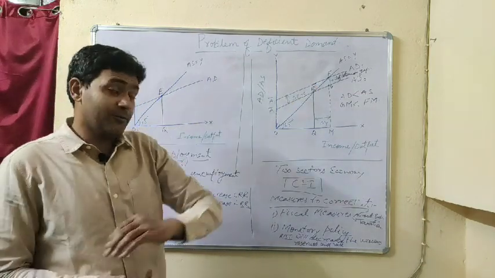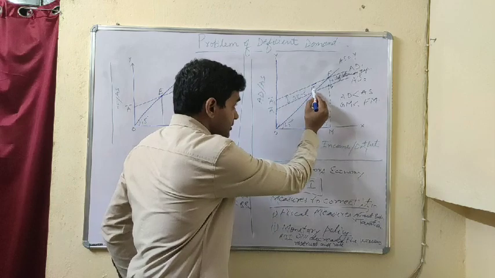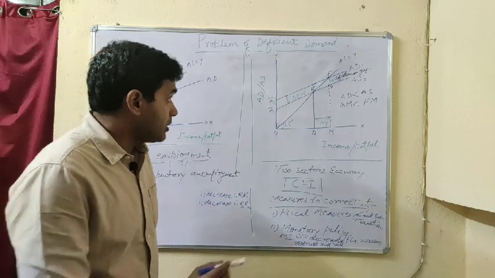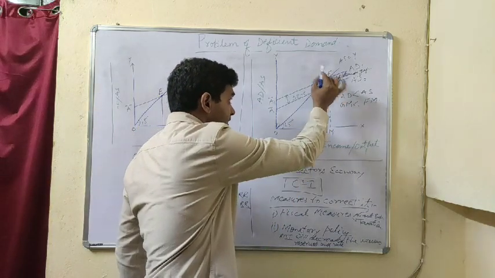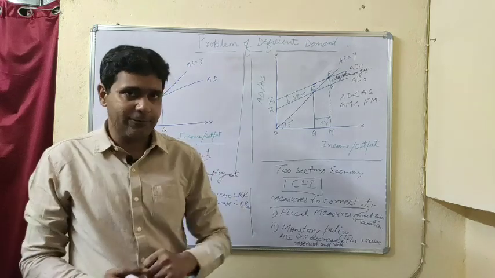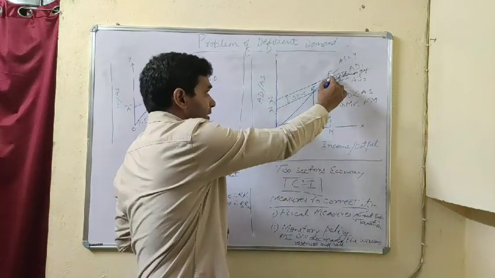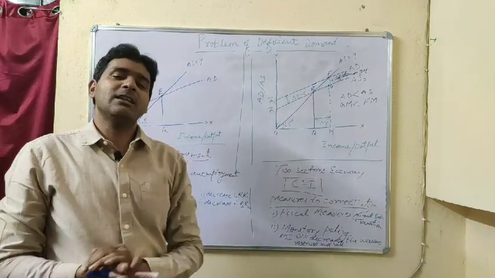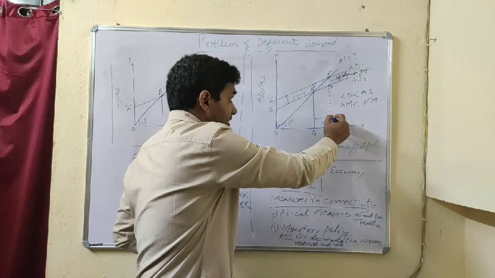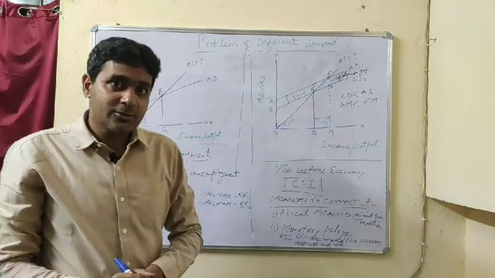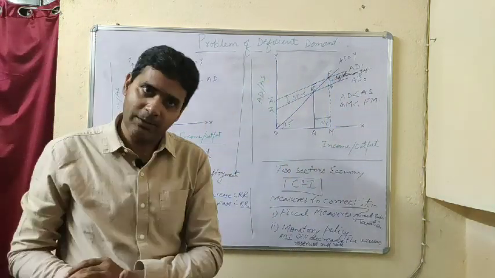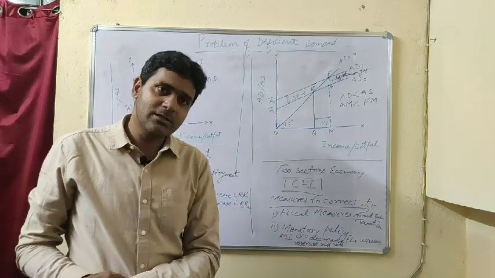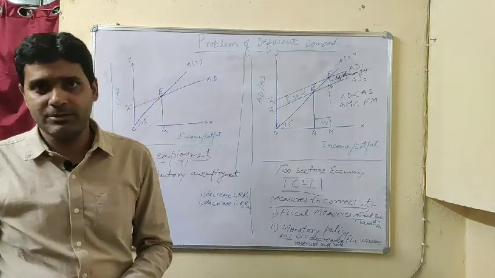As in the case of deficient demand, this point is not the full employment level of equilibrium, because the full employment level of equilibrium is this point F, where Fm is the aggregate supply and Gm is the aggregate demand, and here aggregate demand is less than aggregate supply. So this is the situation of deficient demand. We can correct it by having these two measures, the fiscal measures and the monetary measures.